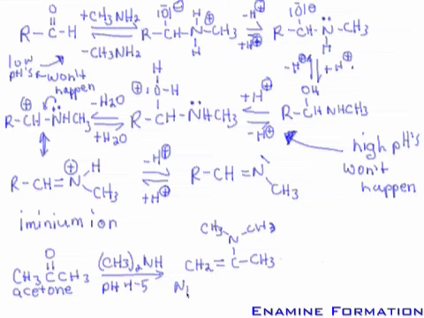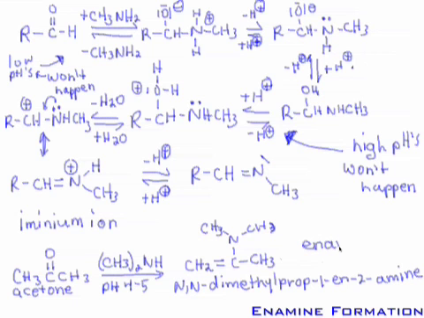It looks like we've got an N,N-dimethylprop-1-en-2-amine. What have we formed? What kind of functional group? Well, we've got an ene and an amine. We formed something that's called an enamine. Enamines form in reactions of aldehydes and ketones with secondary amines at pH 4 to 5.